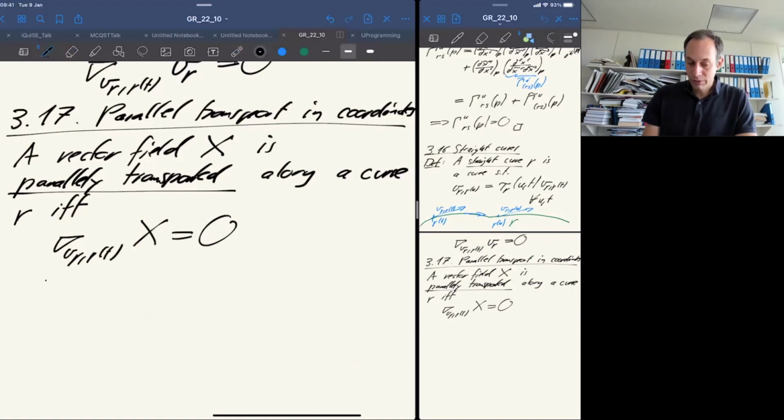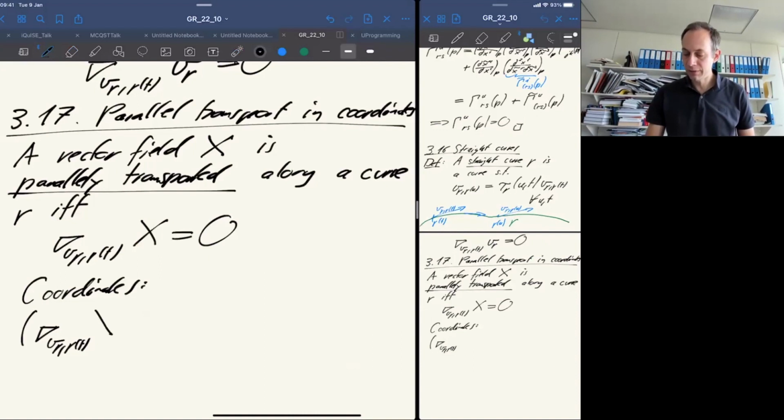Now, as I said, I wanted to go to coordinates. And in coordinates, I could write down the following. Here I have, again, this covariant derivative of the vector field X. And now I want to know the i-th component of that.